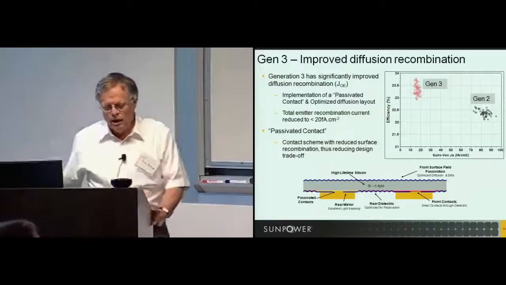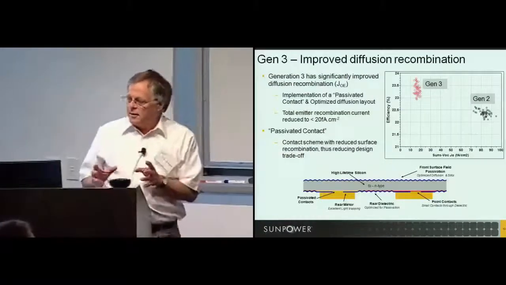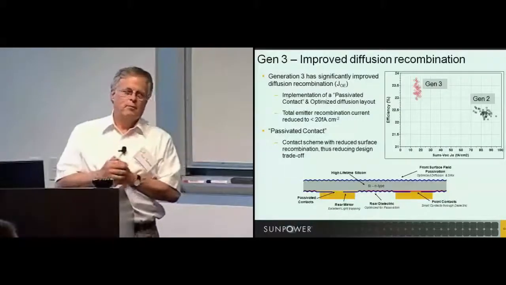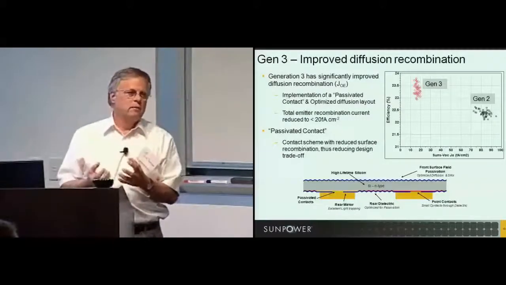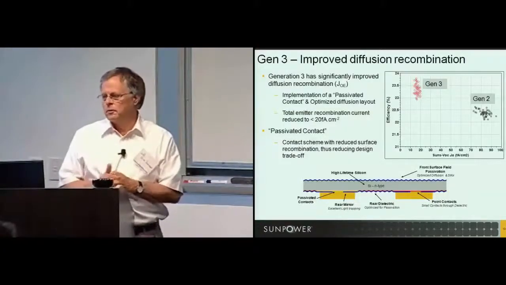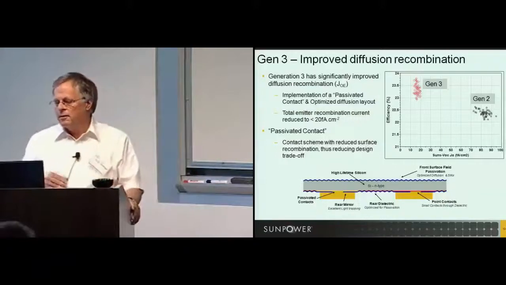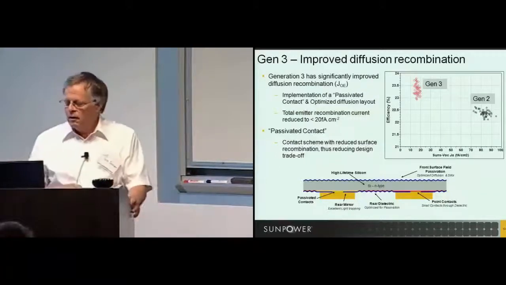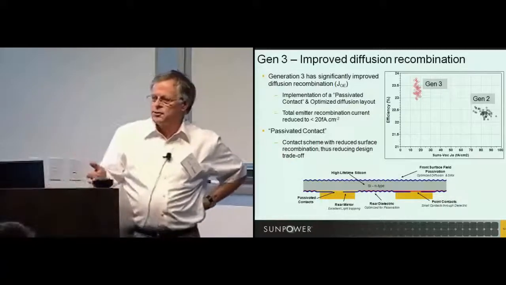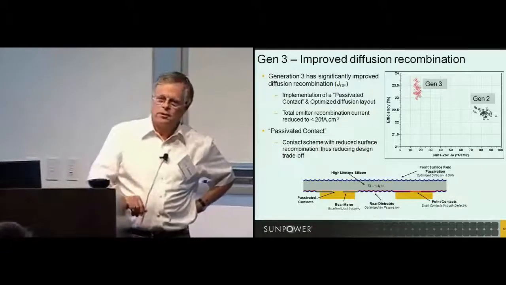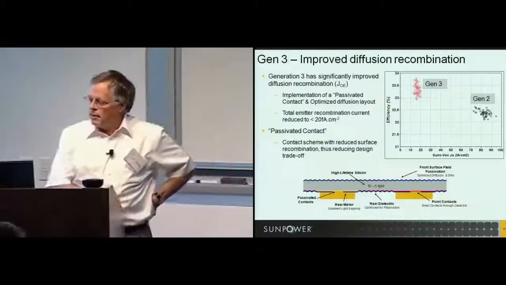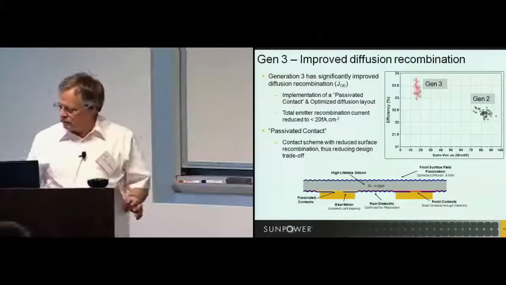So that's a number to remember, because the Shockley-Queisser theory that Eli talked about predicts a J0 of an ideal solar cell of 0.26 femtoamps per square centimeter. So the modern cells that we're getting here are only a factor of 20 or 30 or 40 worse than the ideal solar cell of that same band gap, and rapidly closing in on it.